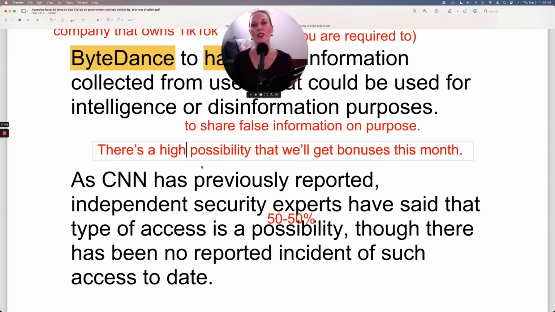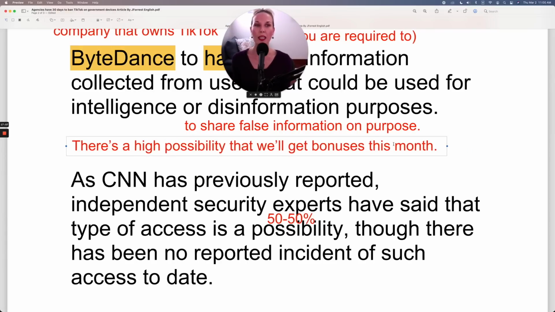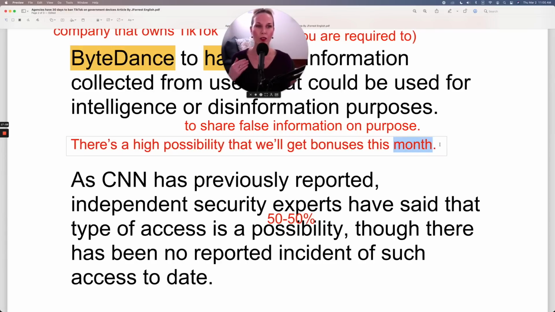But of course, if I add the word high, high possibility, I'm increasing the chance. And to me, this sounds about 70% possible, maybe even 80%, but I'll say 70% plus that it's possible. So it's more likely than not.